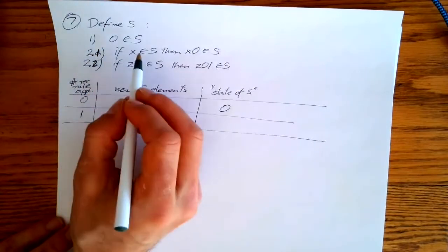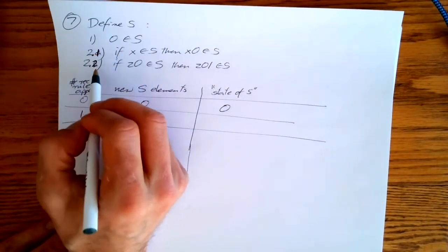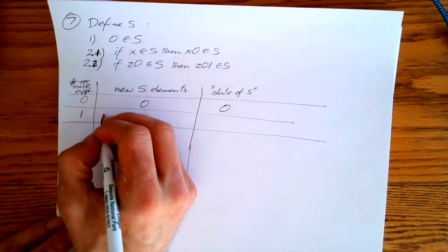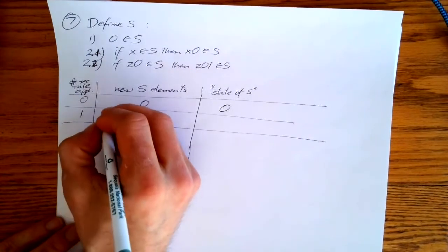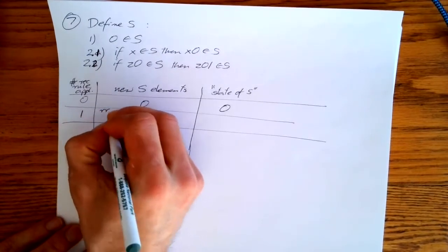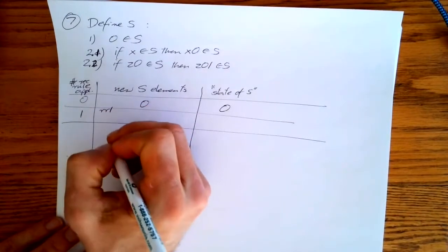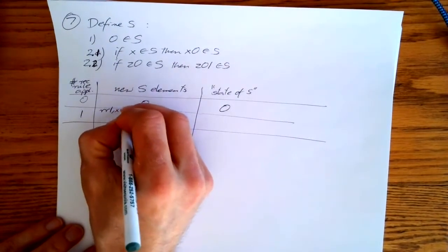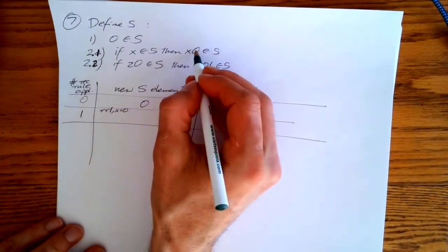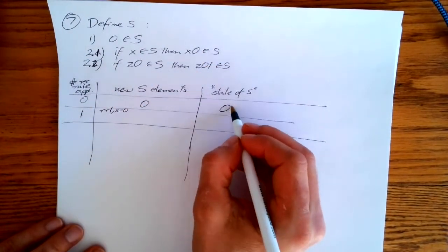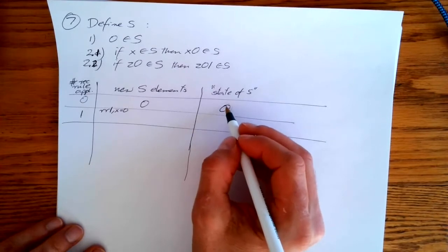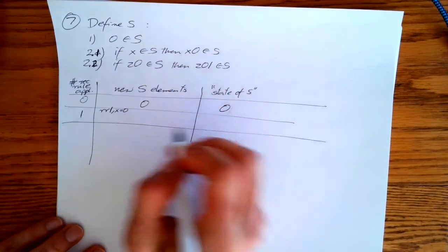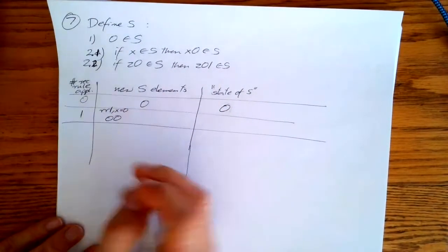So these are two recursive rules, the first one and the second one. So if I use the first recursive rule with X0, then what do I get? Because there is X in the set, X0. Well, I got 00 as a new element, right?